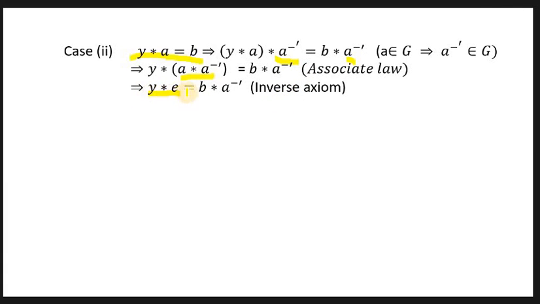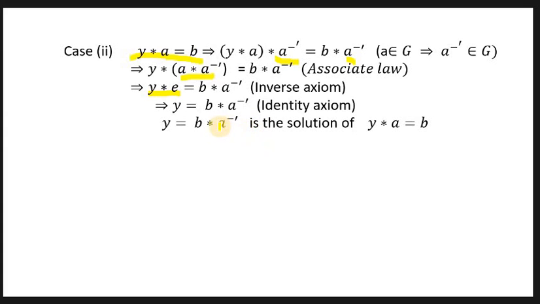Now y star E is again replaced by y by using the identity axiom, which implies y is equal to B star A inverse.